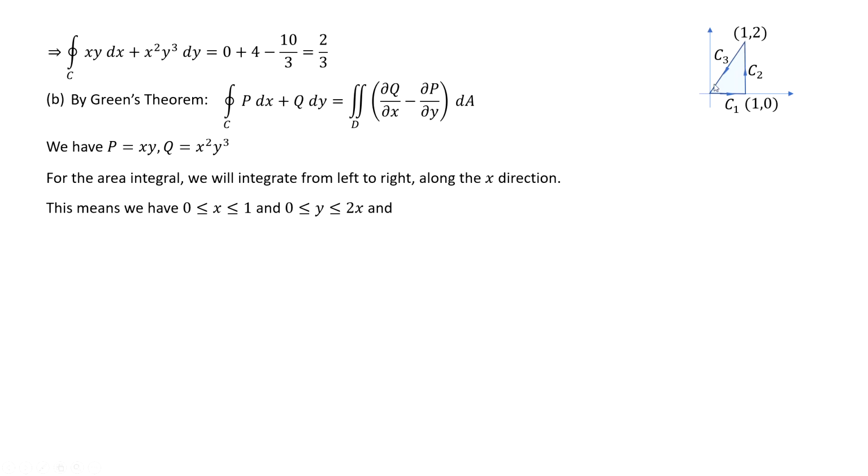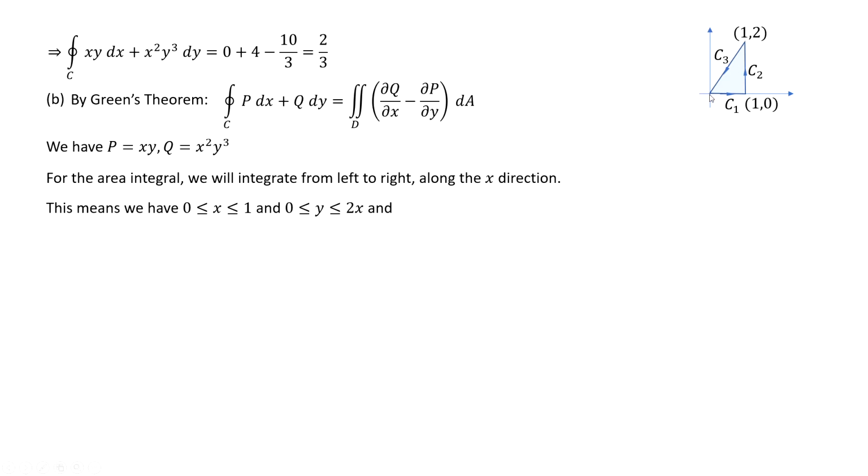Y equals 2x. How do I know that? Well, that's a straight line segment, so it's got to be in the form of y equals mx plus b. And b, the y-intercept, happens to be 0. It's passing through the origin, right? And m, what is the slope? Well, slope is rise over run.